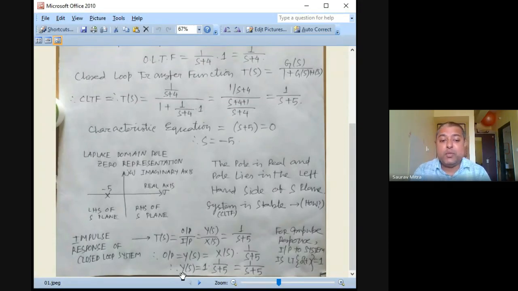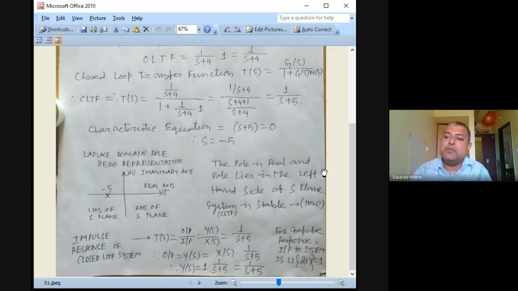If it was a step response, Y(s) would have been 1 by s into 1 by (s+5). So step response is equal to the transfer function divided by s. Again, write this down: in that case, Y(s) would have been 1 by s into 1 by (s+5). So T(s) divided by s is what is called the step response of the system.